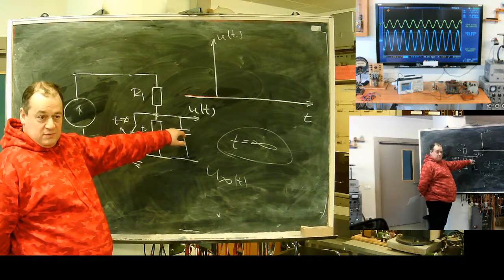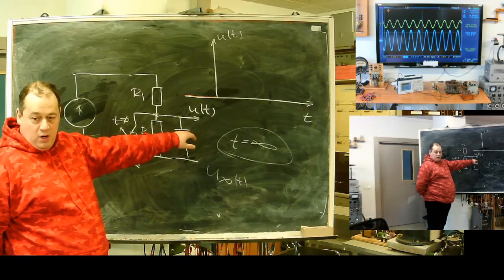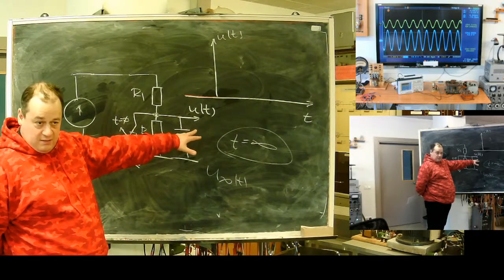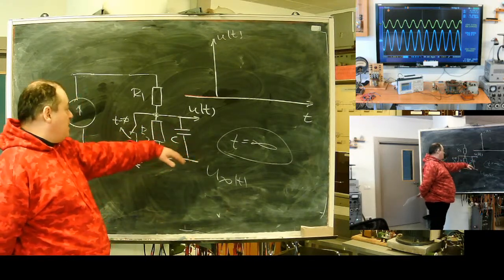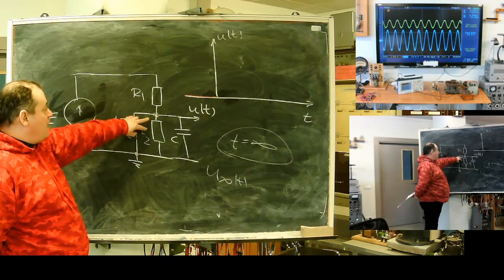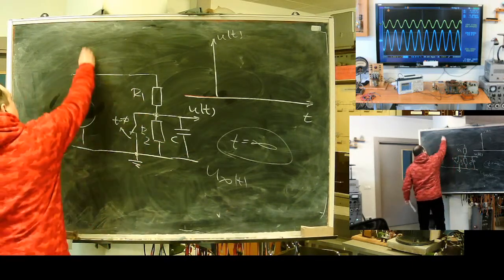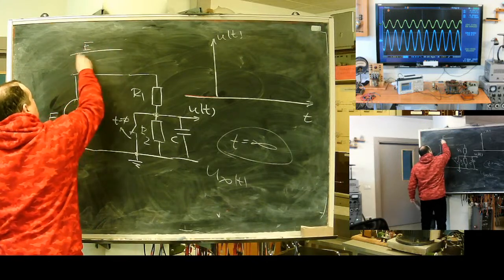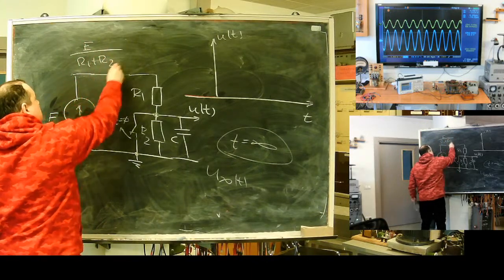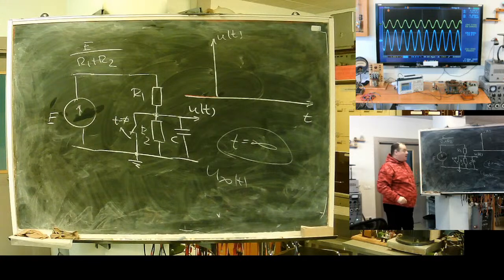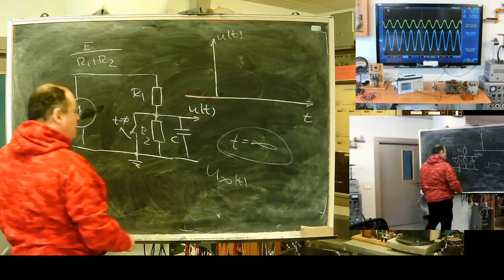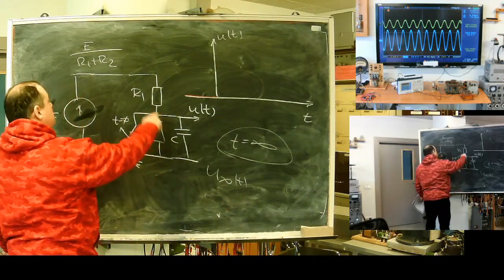Its resistance for DC will be infinite. So the capacitor is out, and we have a divider of two resistances. Current through this divider will be E divided by the sum of resistances. Isn't it? And voltage will be current multiplied by this resistance.